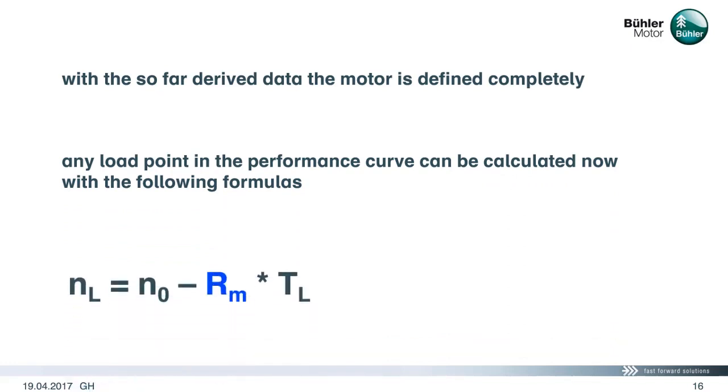Load speed N sub L equals no load speed N sub 0 minus speed regulation constant R sub M multiplied by the torque load T sub L. Load current I sub L may be calculated by I sub L equals no load current I sub 0 plus 1 divided by KT multiplied by the torque load T sub L.